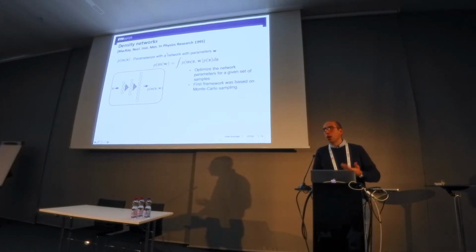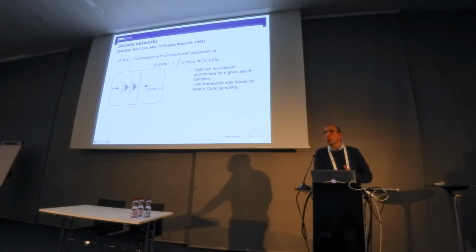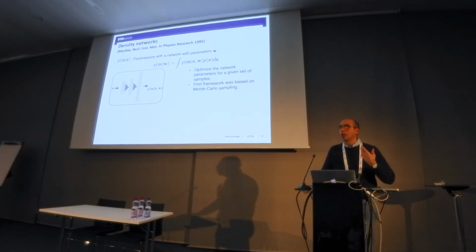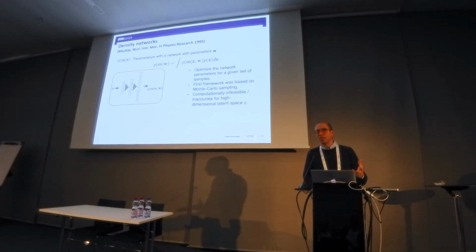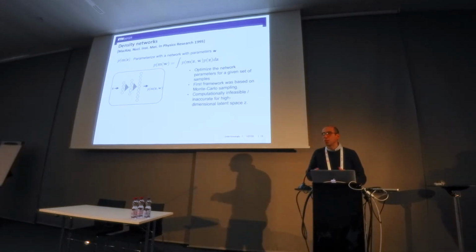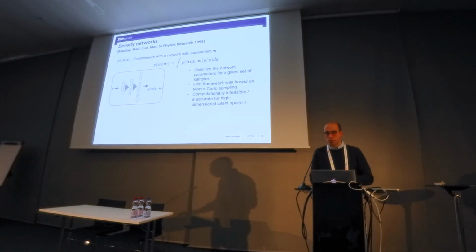And being a physicist, what I know is Monte Carlo integration. So sample and integrate, and try to optimize the sum of the integral results. Now, this is computationally infeasible. Even if the latent dimension is just 10, it becomes a difficult problem to sample from a 10-dimensional space.